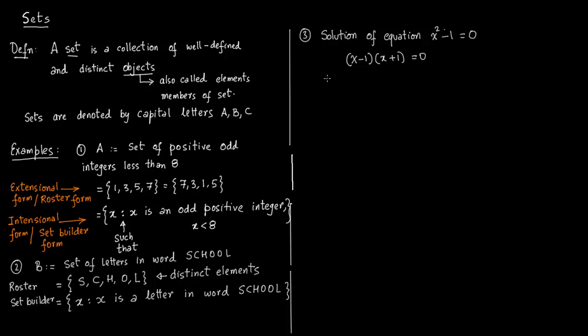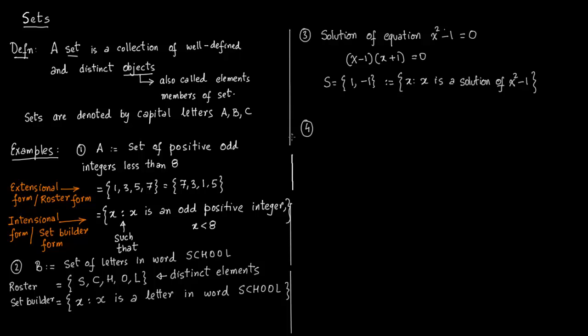So the solution is 1 and minus 1. We can also write it in the set builder form as x such that x is a solution of x square minus 1 equals 0.